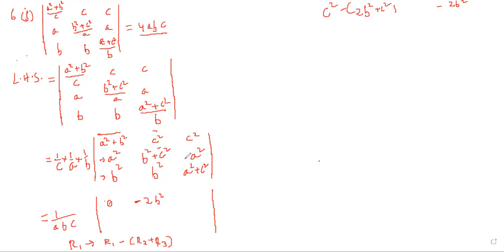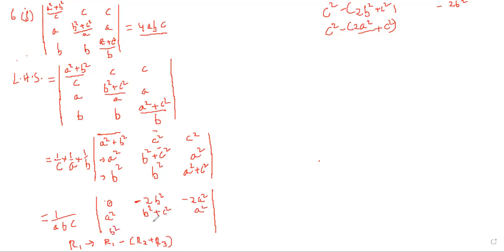And again, the third element of R2 is added to the third element of R3, so again it is 2a square plus c square. And when subtracted from c square, it is giving only minus 2a square. Others are written as they are: a square, b square plus c square, a square.